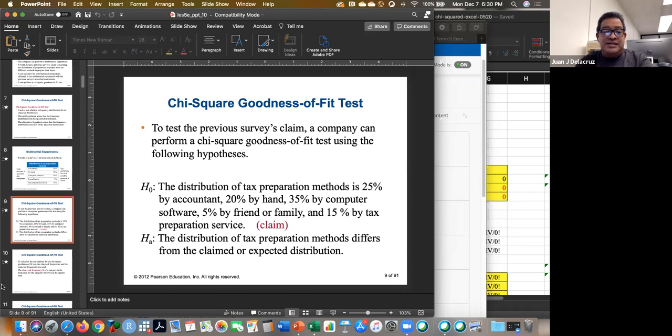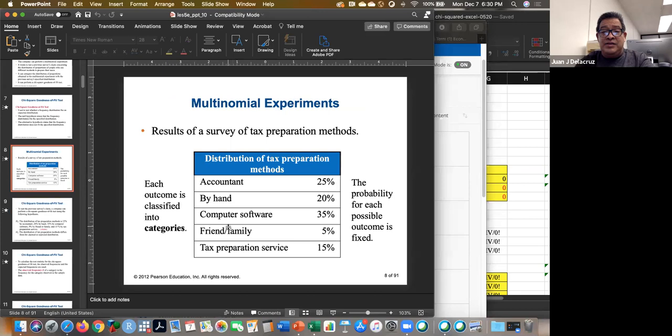experiment. So in this case, we are gonna build a table, as we can see here, with the categories and the expected proportions, and then we are going to build another one with the observed data.